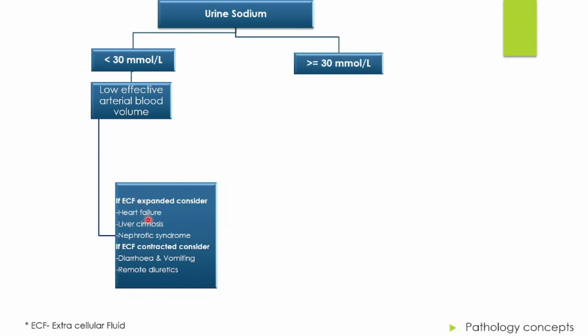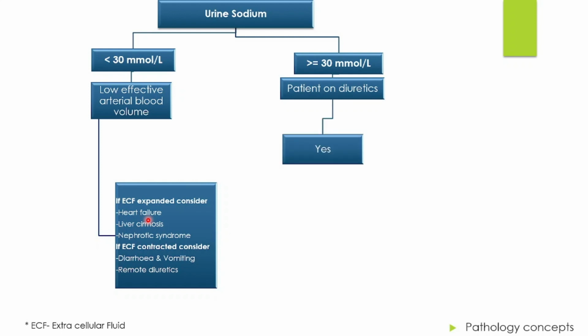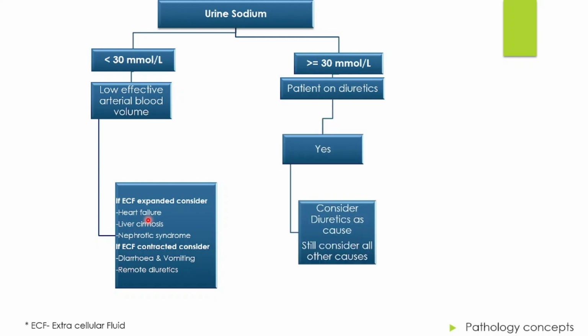Let's see if urine sodium is more than or equal to 30 millimole per liter. If the patient is on diuretics, then consider the diuretics as a cause of hypotonic hyponatremia.